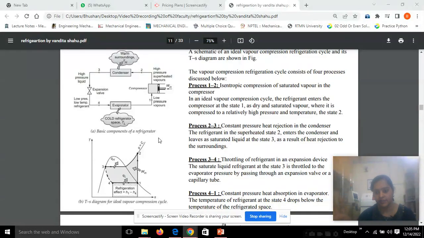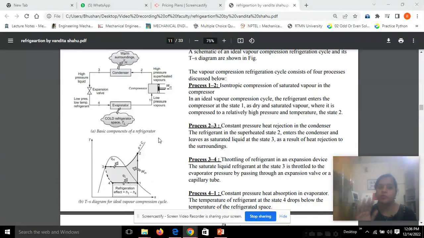The basic process is that there are four processes, and the number of basic components used in vapor compression refrigeration systems is also four. So in one unit, one process occurs. You might have seen the Carnot cycle. This vapor compression refrigeration system is based on the reversed Carnot cycle.